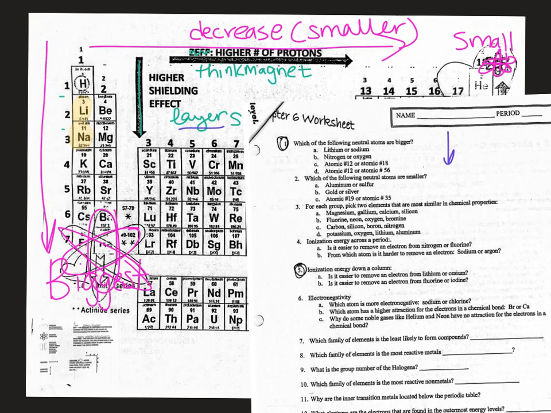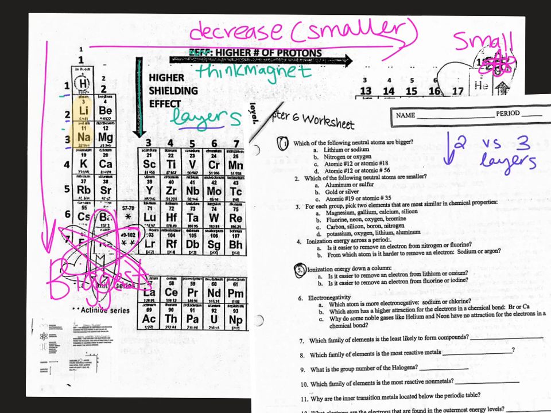So now that we're thinking about layers, you look at the numbers that are off on the left. This one has a 2, this one has a 3. So what you think about is we have 2 layers versus 3 layers. Right?